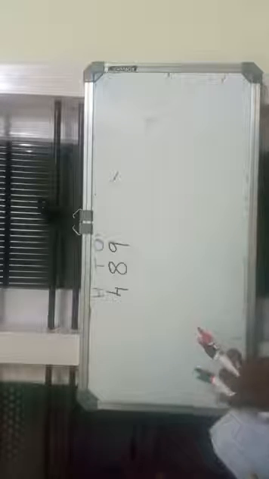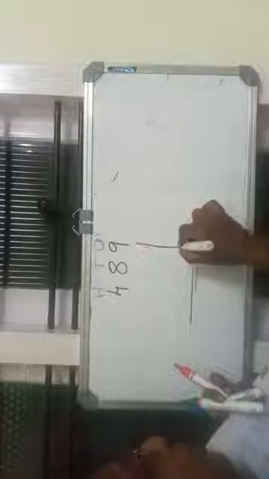Okay. Then draw abacus and 3 spikes. Okay. Mark ones place, tens place, hundreds place.